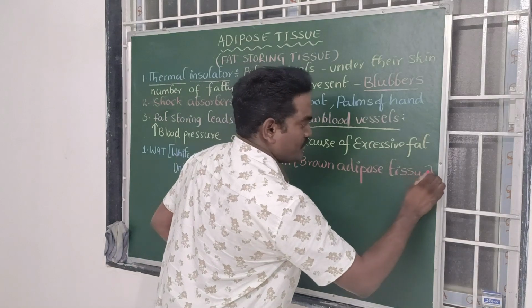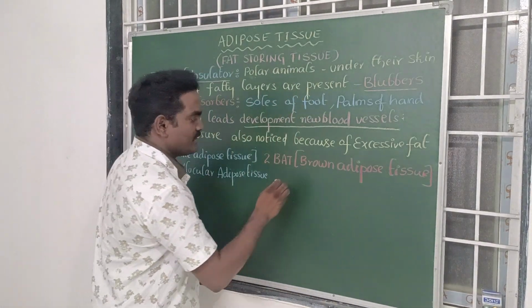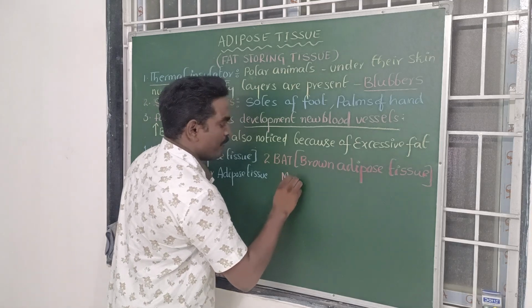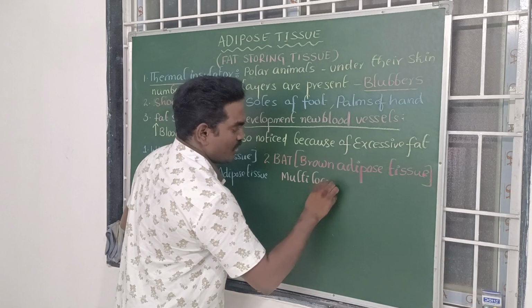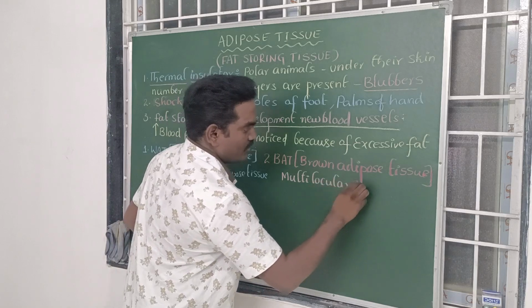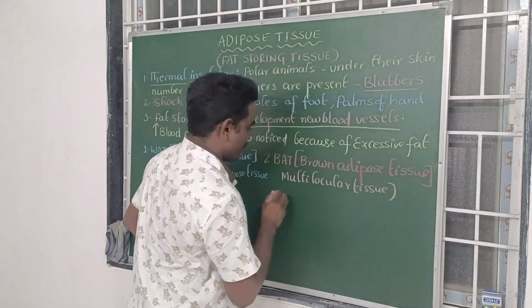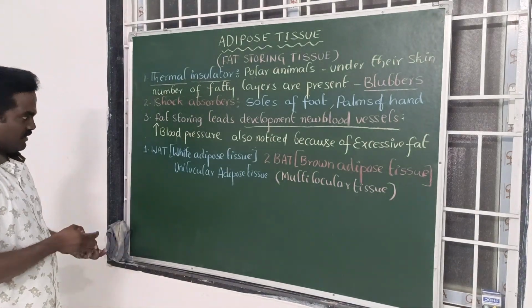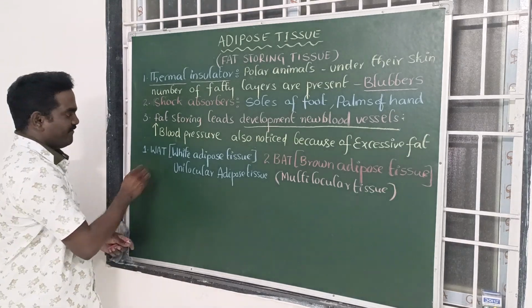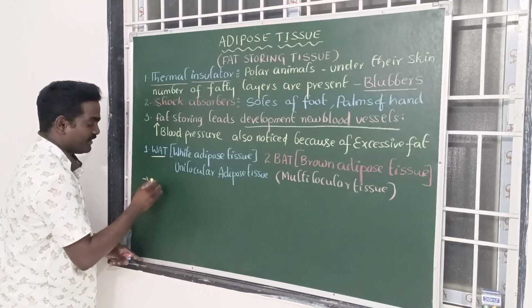This brown adipose tissue is also called multilocular tissue. So what is the basic difference between these two? This white adipose tissue, what is its functional role?